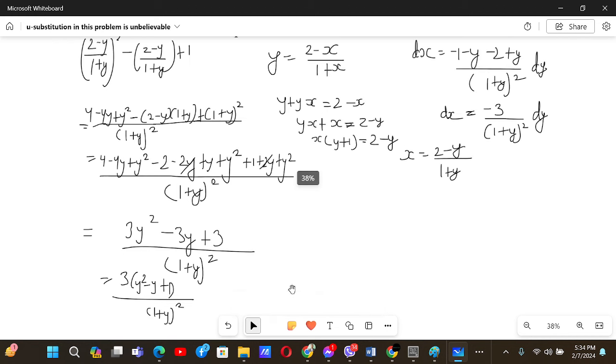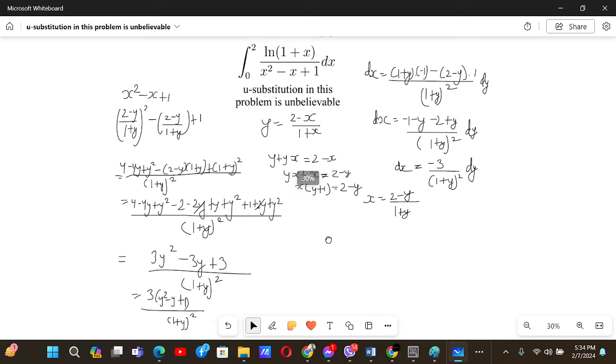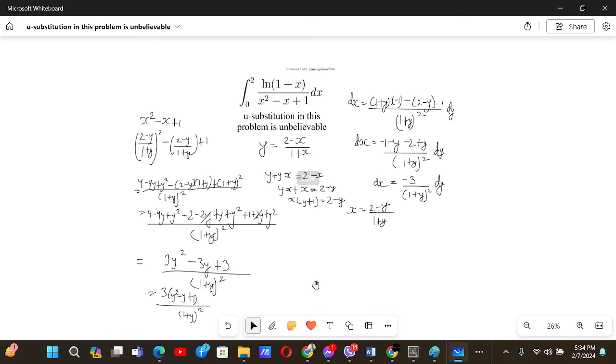Okay, so now we have made a lot of progress, and now let's make the substitution. If I make this substitution, the limits will just reflect. Here it's (2 minus 0) by (1 plus 0), that's just 2. Over here 2 minus 2 is just 0.